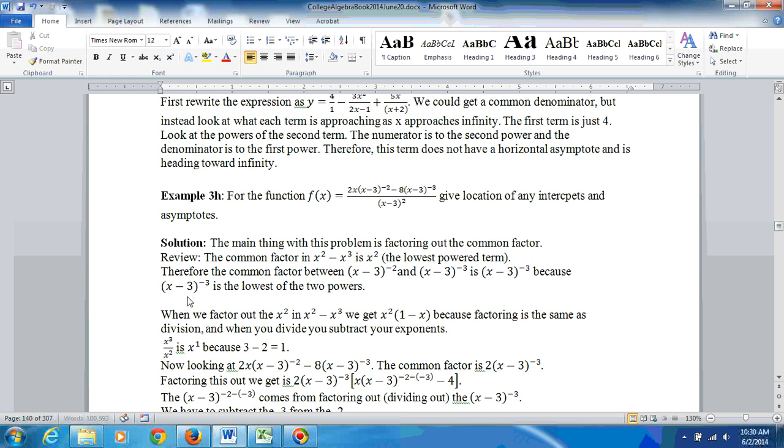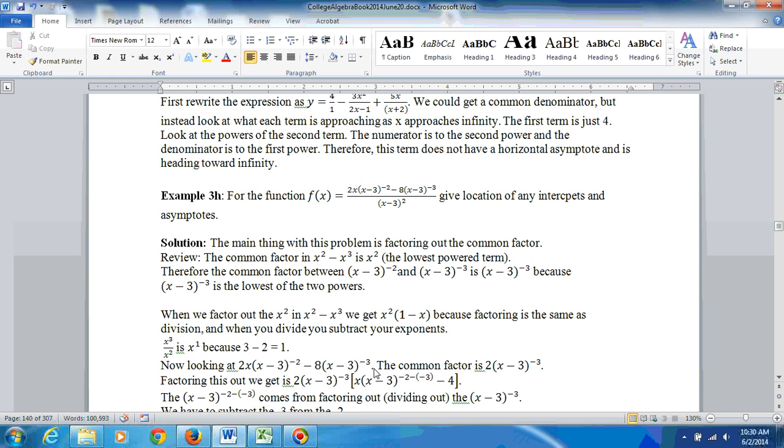So that's actually what you would factor out, the x minus 3 to the negative 3 power, because it's the lowest power. And when we factor out the x squared, we say, okay, well, x squared divided by x squared is 1, and x cubed divided by x squared is an x. Now, how do we get that x? We got that x by doing 3 minus 2, the thing we're factoring out, the x squared. 3 minus 2 is 1.